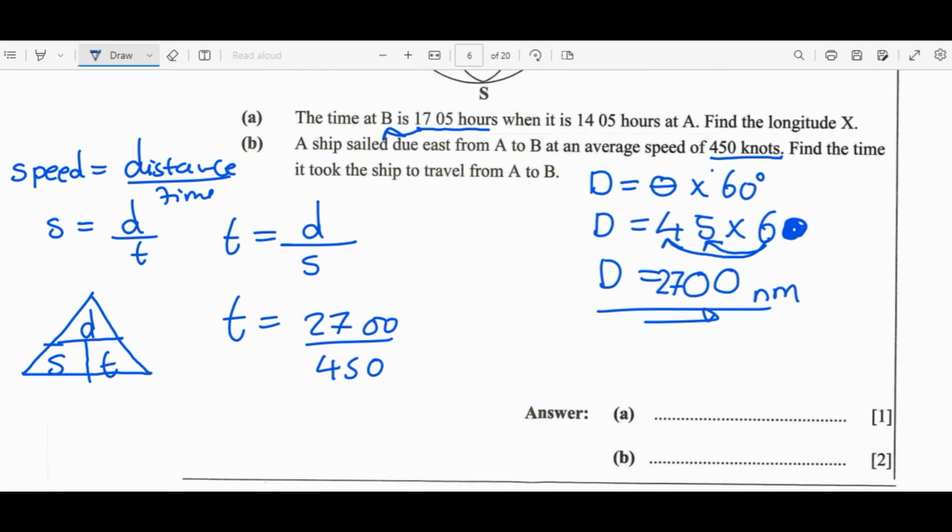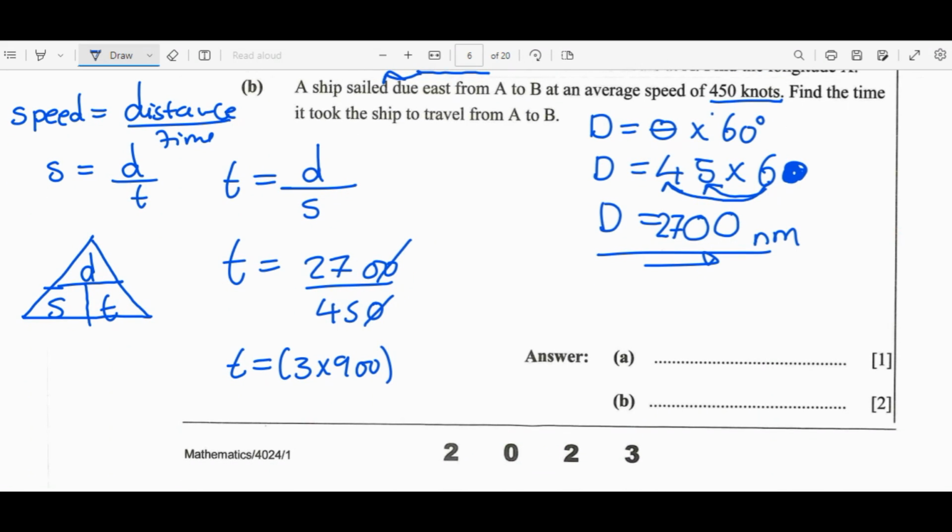So to simplify this, we can cancel this 0, we cancel this 0. So now if you look at 27 and 45, there should be two numbers that we can multiply to give us 27 and also to give us 45, but between those two numbers there has to be one number common. What I'm saying is 270 is the same as 3 times 90.